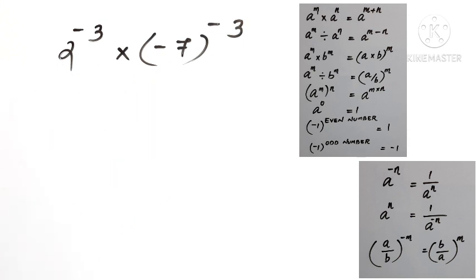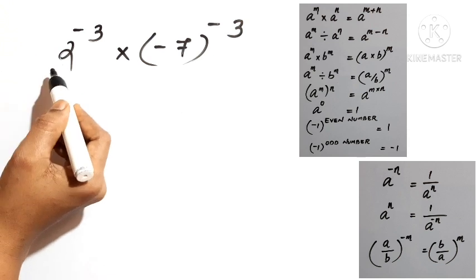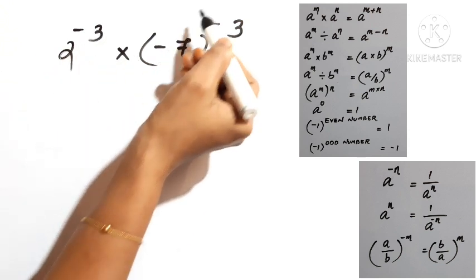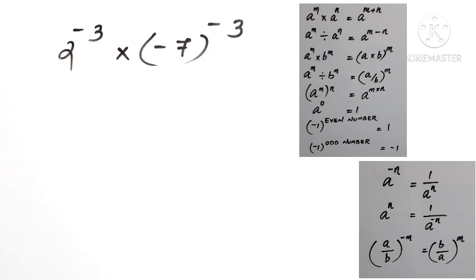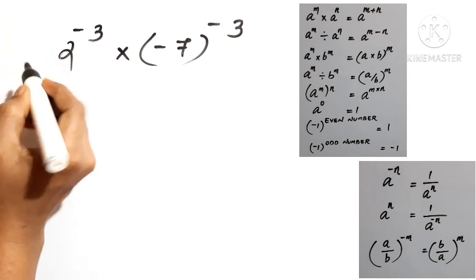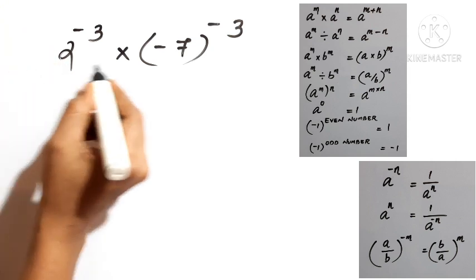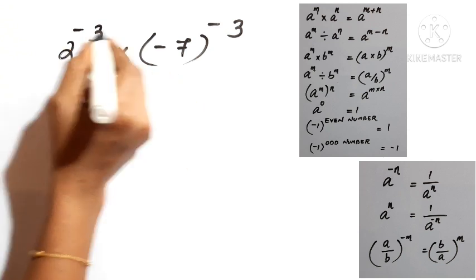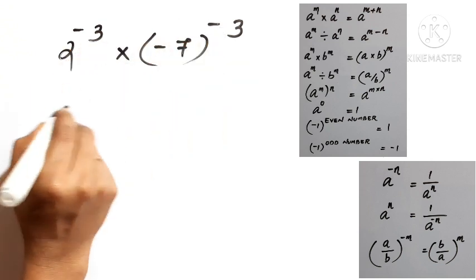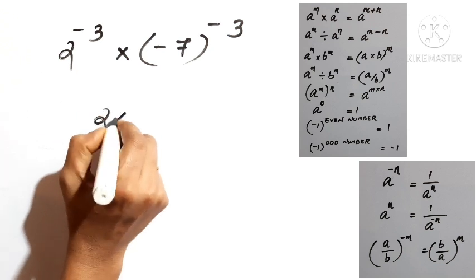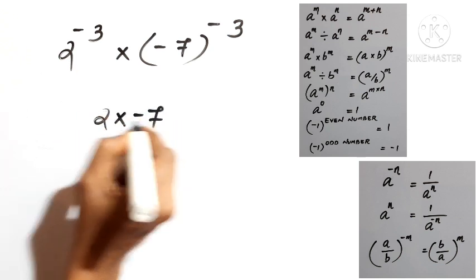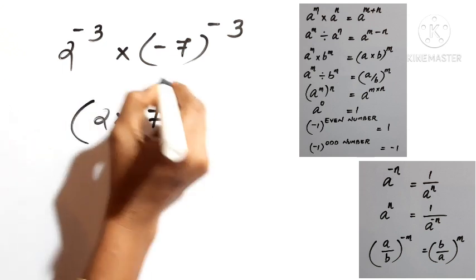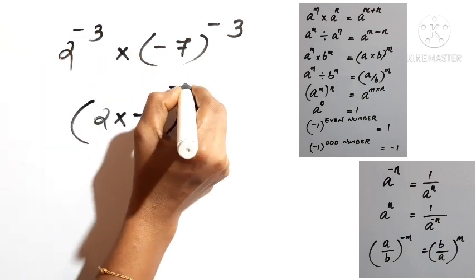Okay? So, we can use a^m into b^m equals (a into b)^m exponential law, right? Here a is 2, b is minus 7 and m is minus 3. So this also equals (2 into -7)^(-3), no?